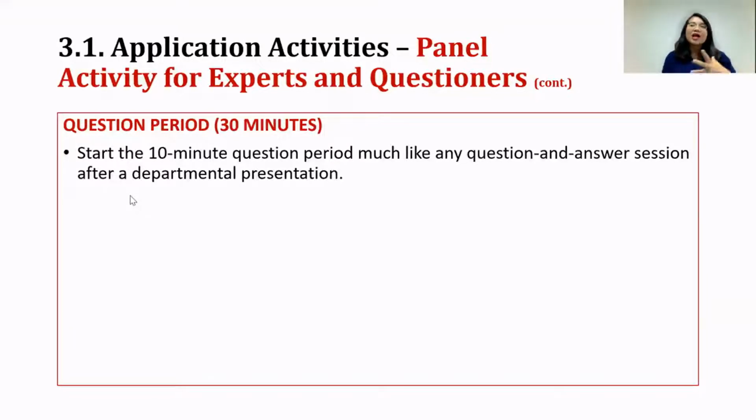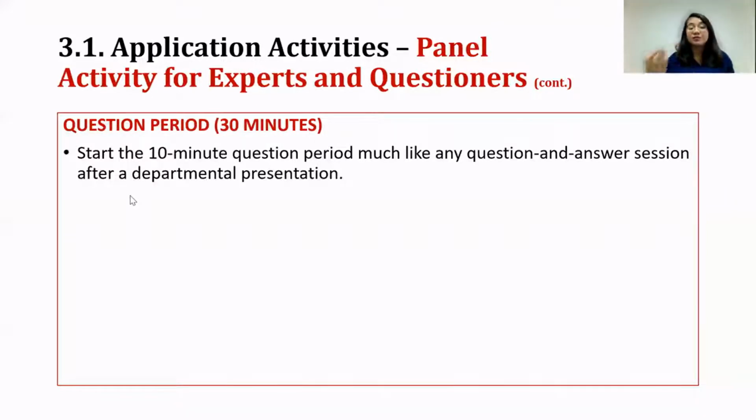So it's not about how to construct a departmental presentation from the opening stage and then the content and then the closing stage, but it's for the Q&A session. That's why the challenges, the tips, and also the strategies are all about how to tackle the Q&A session, right? So start this stage, the question period, with a 10-minute question session, just like how a Q&A session is conducted after a presentation.